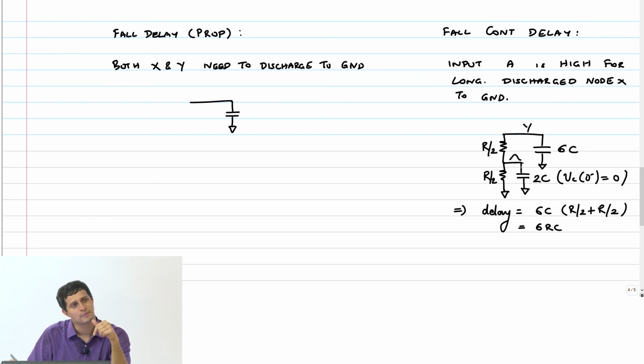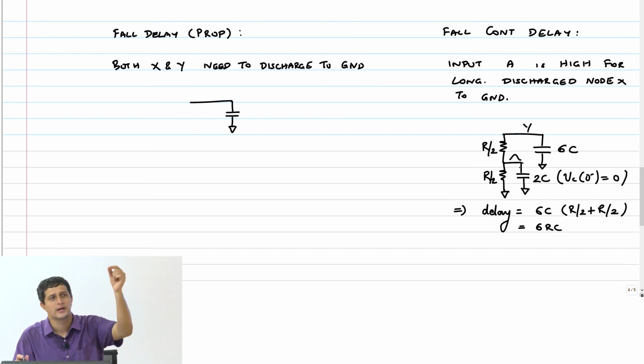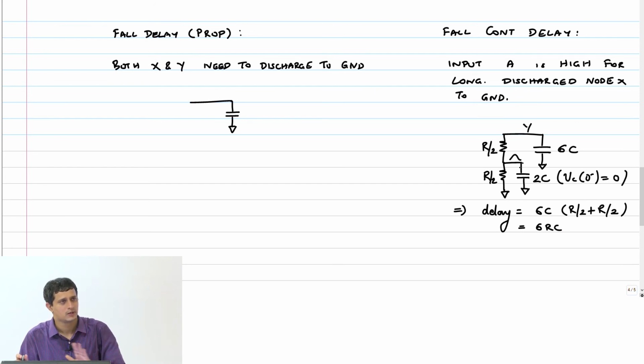But that becomes a second order effect. In the Elmore delay approximations we made, we said that everything falls as VDD e power minus t by RC. Those are only approximations. You can go check it out in simulation for yourself, but to a first order, this is a reasonable approximation to make, okay?